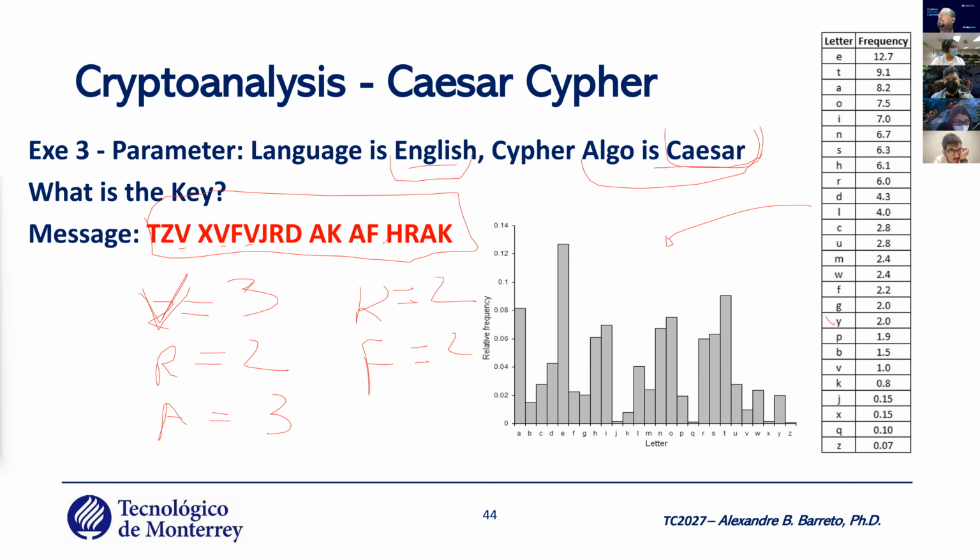R, 2. A, you have 3. And K, you have 2. Until here, it's okay?